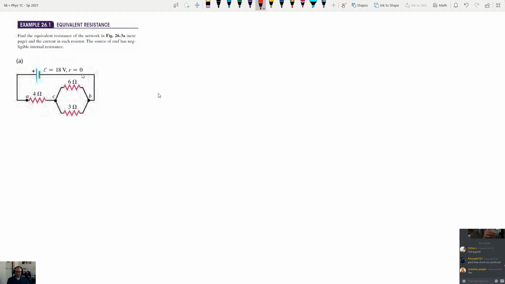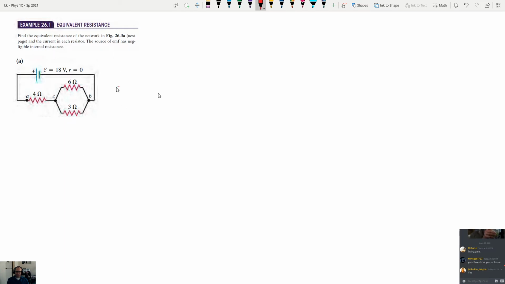It has an internal resistance of 0, so it's kind of like a perfect EMF source. It's connected up to a 4 ohm resistor, a 6 ohm resistor, and a 3 ohm resistor. It says to find the equivalent resistance of the network and also find the current in each resistor.